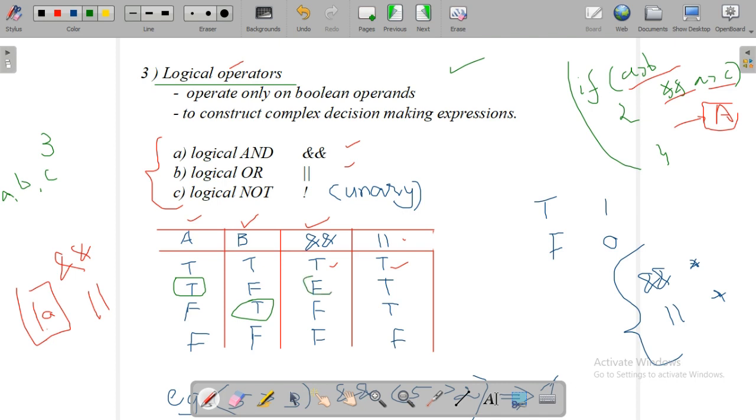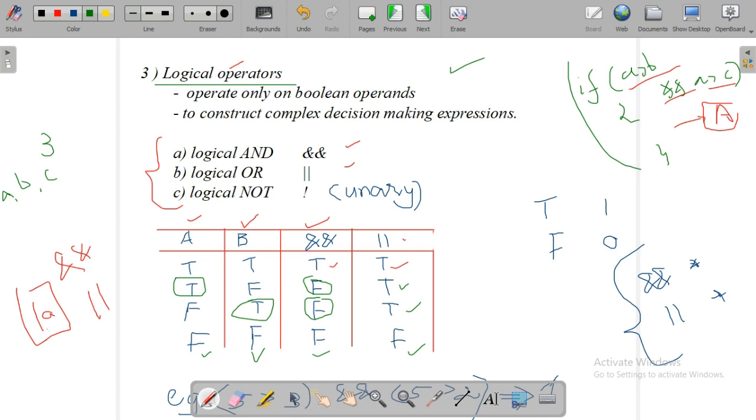If either one is false, that is, true and false or false and true, logical AND will display false, and in the same case logical OR will display true. In the last case, F and F, both are false, so logical AND is false and logical OR is also false. So you just learn this table.